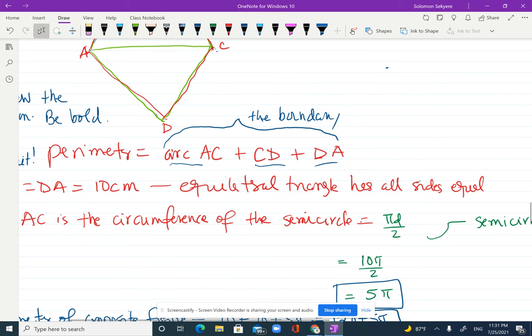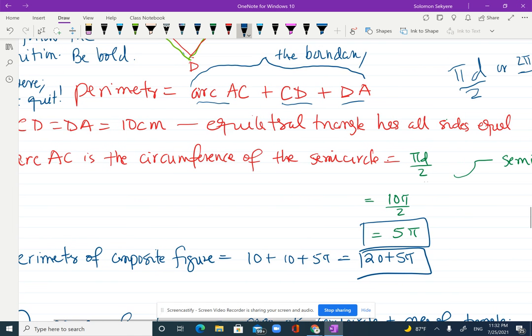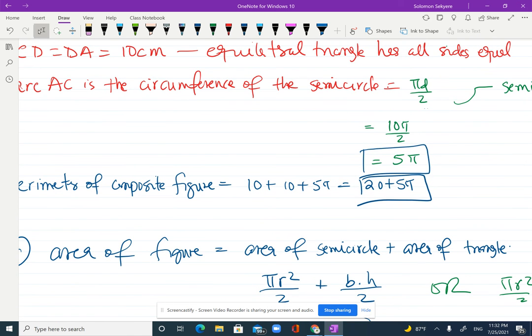What's the circumference of a circle? It's pi times diameter or 2 pi r, 2 pi times the radius. That's a full circle. For a semicircle, we have to divide by 2. That's why you have these twos over here. So pi times the diameter, which is 10, divided by 2, is 5 pi. So the arc length is 5 pi.